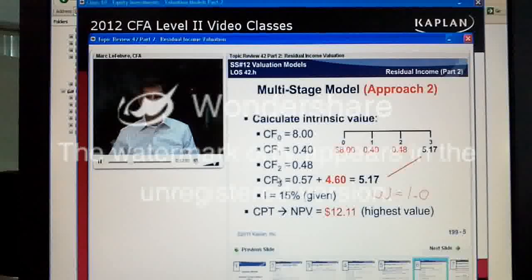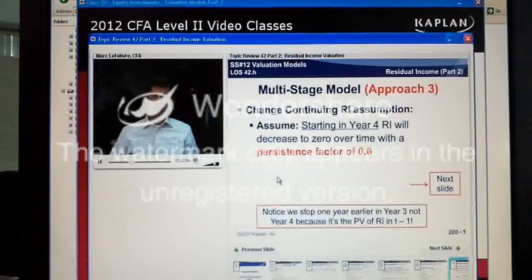Hopefully you're getting to understand that you take that year 4 value, calculate what it is with the 1 plus R minus omega, and then move it back by t minus 1 to year 3, and then present value those calculations back. Just like in the dividend discount model, you have 2 cash flows in the terminal year: the economic income in year 3 plus the terminal value in year 4. So you move back the terminal value by 1 period.